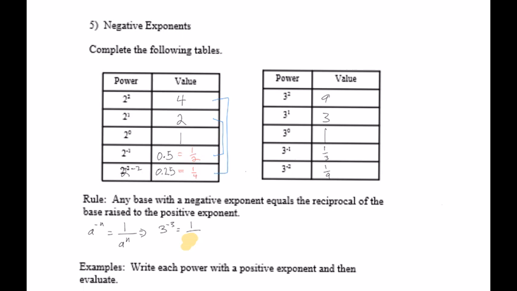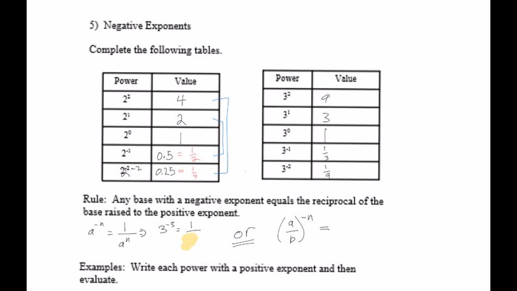Now, what I want you to do is think about something that would happen if we had fractions. We took a look at fractions and raising fractions to exponents in yesterday's lesson. But this time what I want you to recognize is this, for fractions. So let's say I had a/b raised to the negative n.